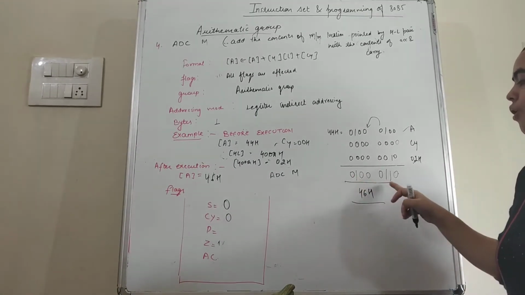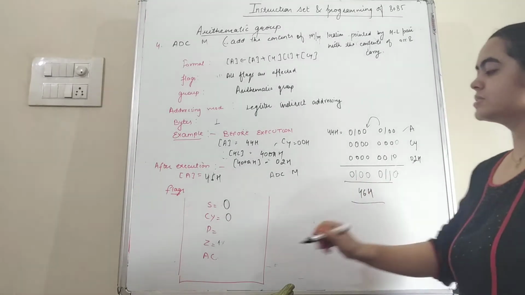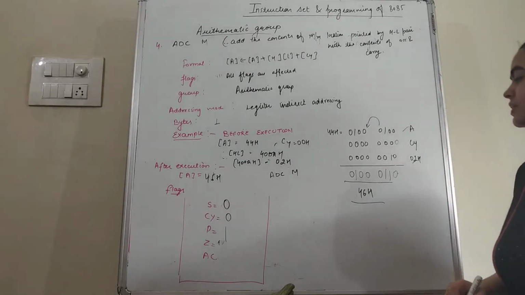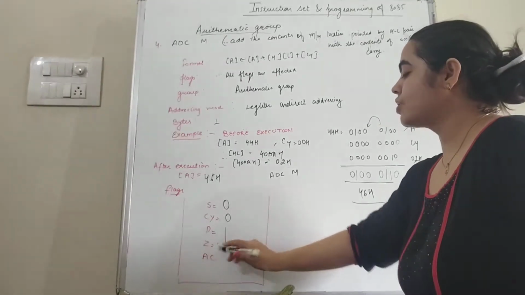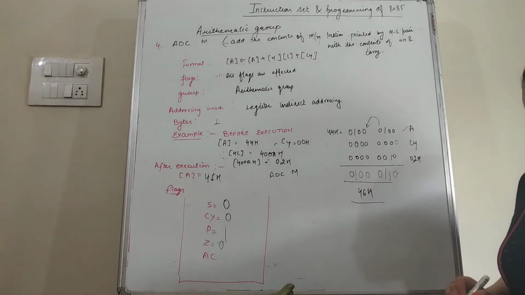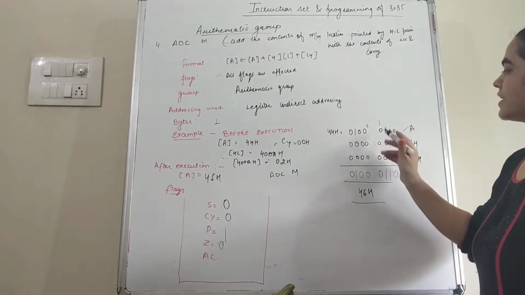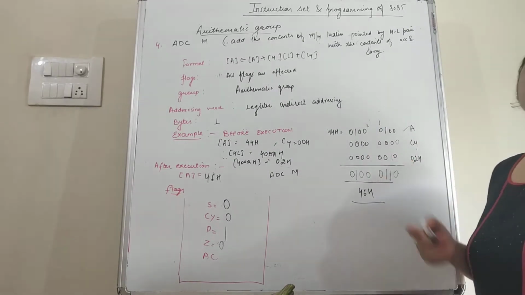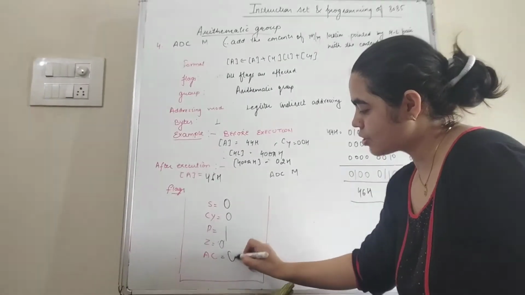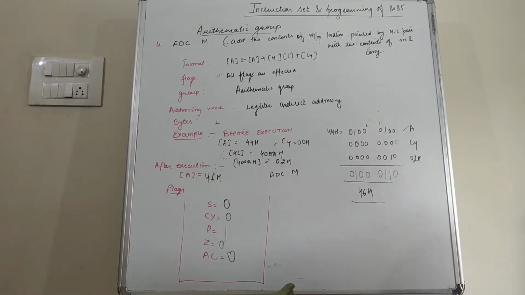There is an odd number of ones, so the parity flag is set. The result is non-zero, so the zero flag is 0. There is no carry from the lower nibble to the higher nibble, so the auxiliary carry is reset. So this is about ADC M.